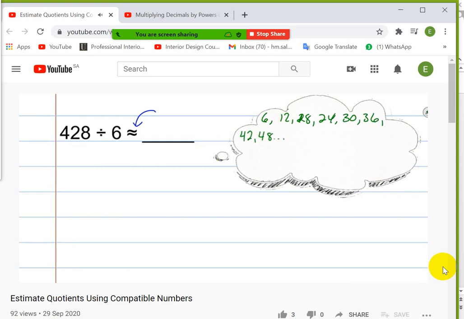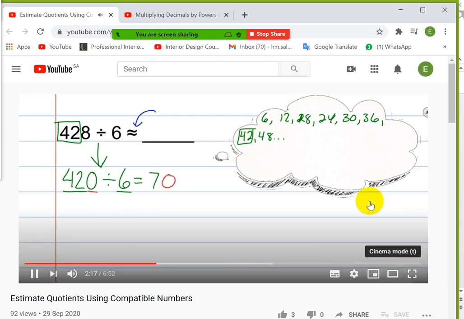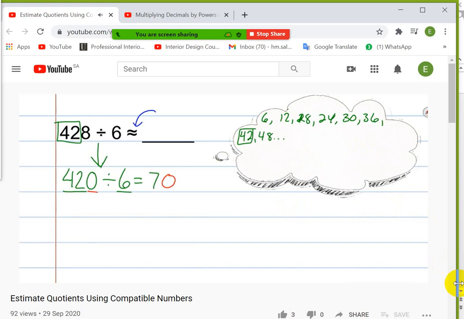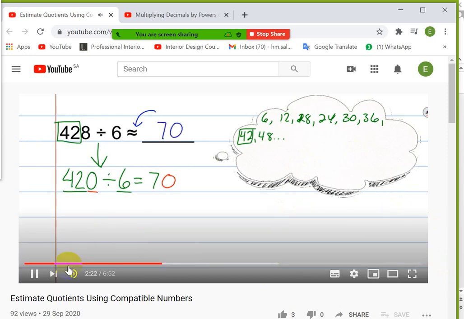Now I notice that 42 is one of my multiples of 6, so I have 42 right here. So I am going to rewrite this as a 42, because that is a compatible number for 6. It is a multiple of 6. And this 8, I'm going to rewrite as a 0. Then I can divide that by 6. 420 divided by 6 is, well, the 42 divided by 6 is the 7. And then I just take that 0 and bring it over as well. So I can say that 428 divided by 6 is about 70.